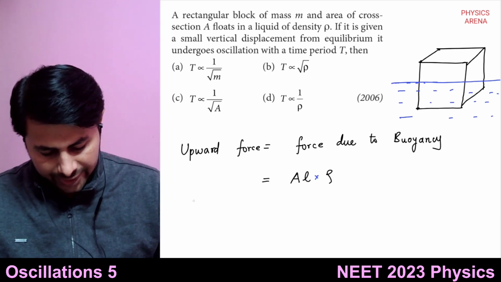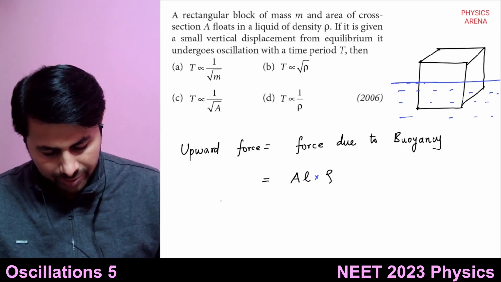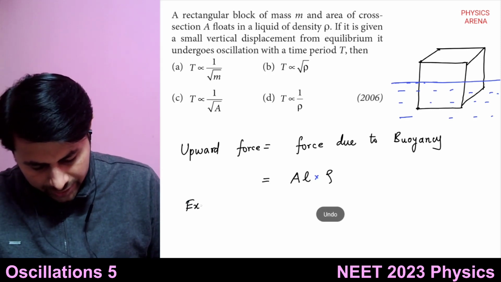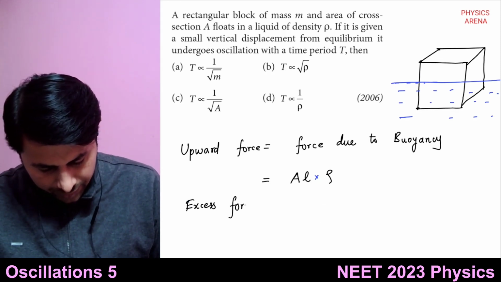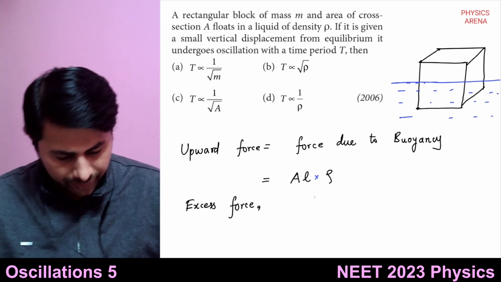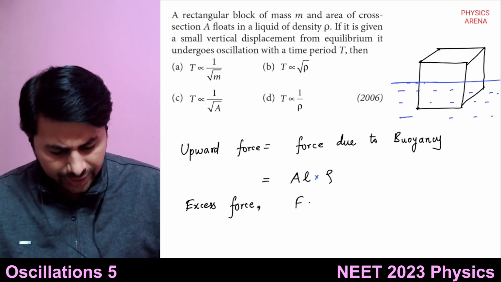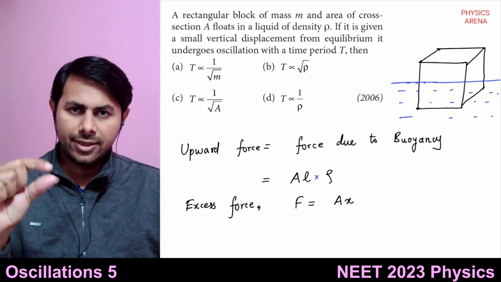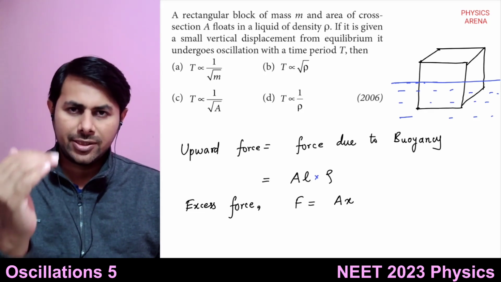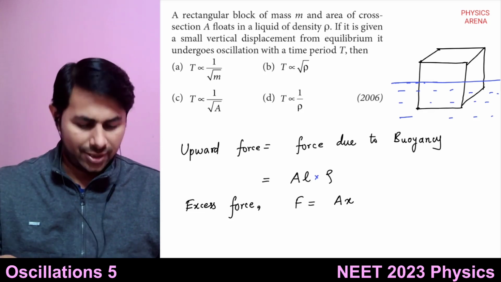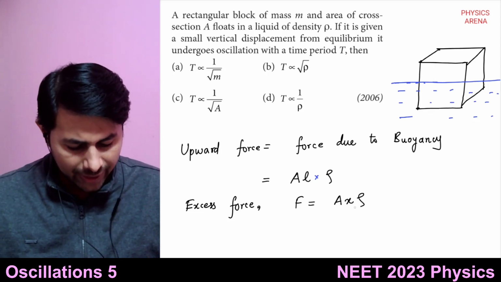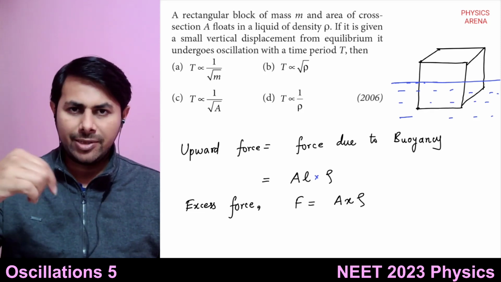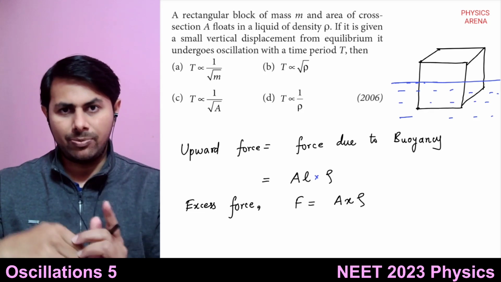So now the excess force due to buoyancy will be how much? The excess force due to buoyancy, let's call it F, is equal to A multiplied by that displacement. This much is the extra volume that you are inserting inside the liquid, multiplied by rho. And if the displacement is downwards, that force is upwards.